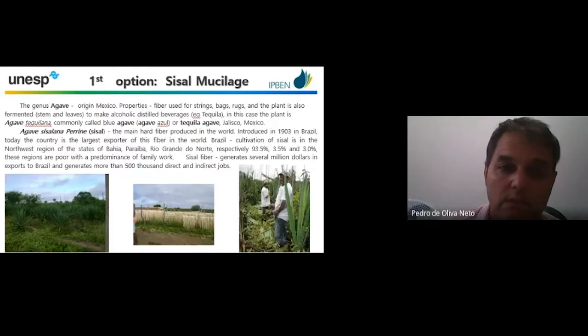Sisal waste is a mucilage left when we extract the sisal fiber from this plant. They cut these leaves in the field, and the fiber is produced, but 95% of these leaves is wasted.